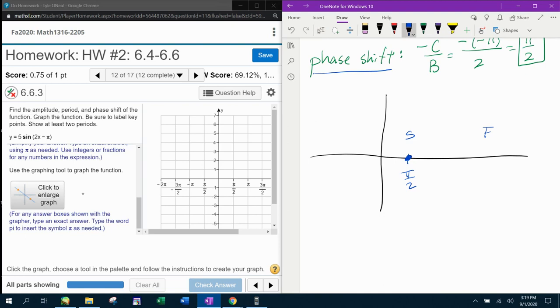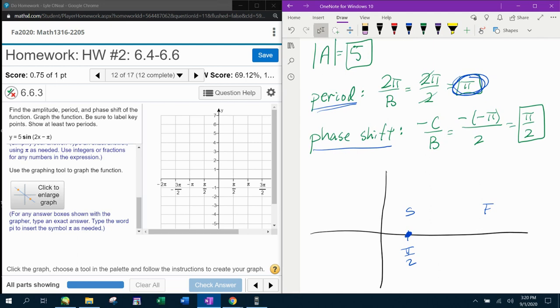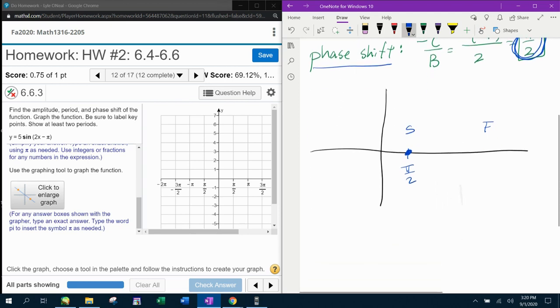How many half of a pi's make a whole pi? And if you're wondering why I ask that question, anytime you're doing a sinusoidal function, you're always going to count by the phase shift to equal the period. And that'll tell you how many spaces to go.